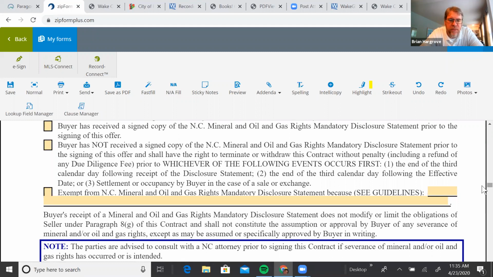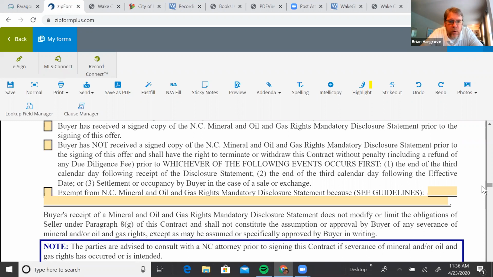So as an example, if Thursday, today, you put in a contract and the contract gets sent over to the seller and the seller signed it on Saturday, but Friday, they finally sent you the disclosure you're waiting for. You have 3 days from Friday to back out, not 3 days from Saturday.